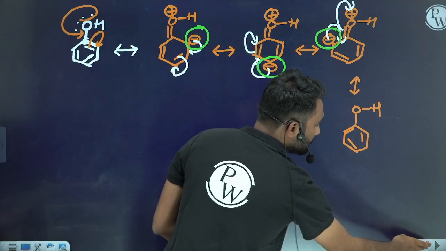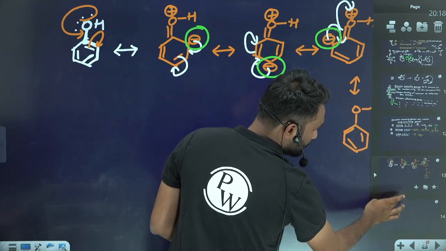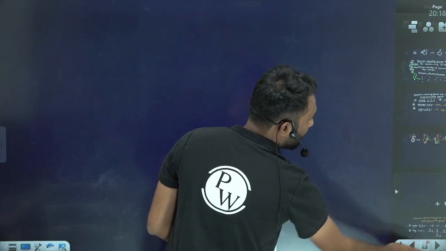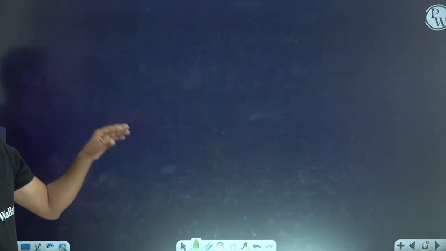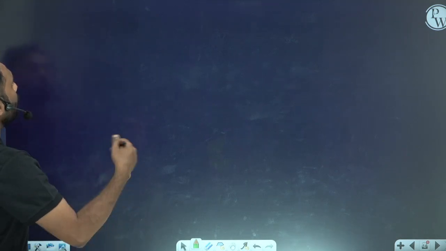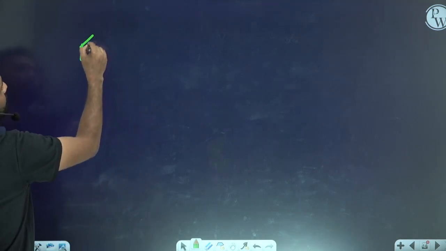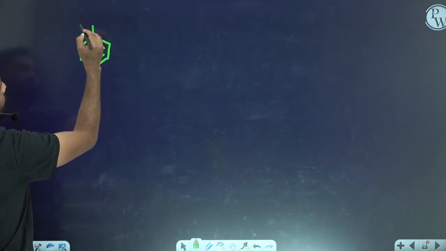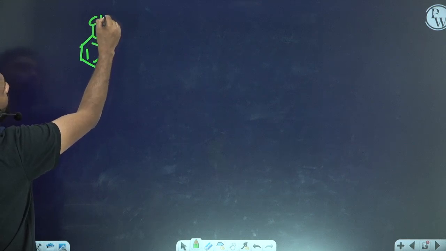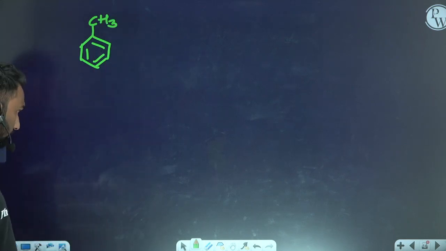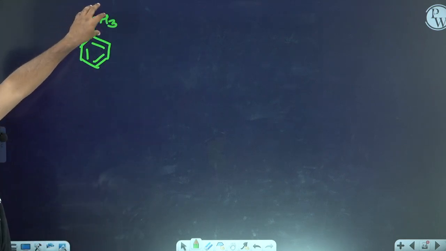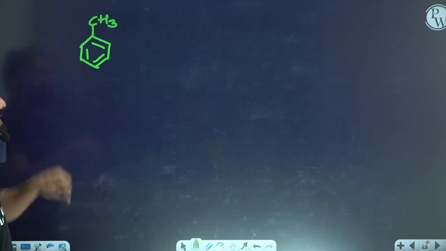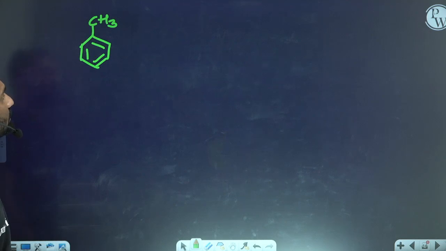Now if the benzene attached carbon is having a lone pair of electrons, that will come under the plus M groups or electron releasing groups. If there is no lone pair of electrons, if this type of CH3 alkyl group is attached, how will it increase the electron density?